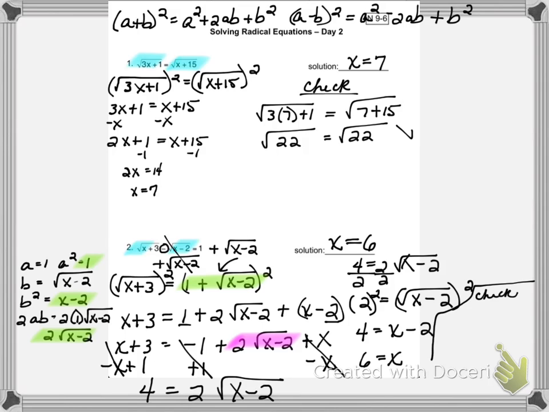Alright, so we have the square root of 6 plus 3 minus the square root of 6 minus 2 equals 1. Okay? And that's the square root of 9 minus the square root of 4 equals 1. Well, square root of 9 is 3. Square root of 4 is 2. And that does equal 1. So 6 is a good answer for us.